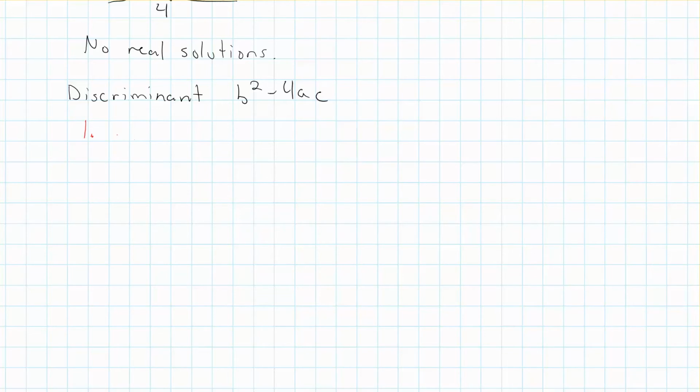So first off, if b squared minus 4ac is greater than 0, what that tells us is we have two real distinct solutions. So we have two solutions, they're both real numbers, and they're distinct, which means they're different numbers. We don't get two solutions that are the same number.